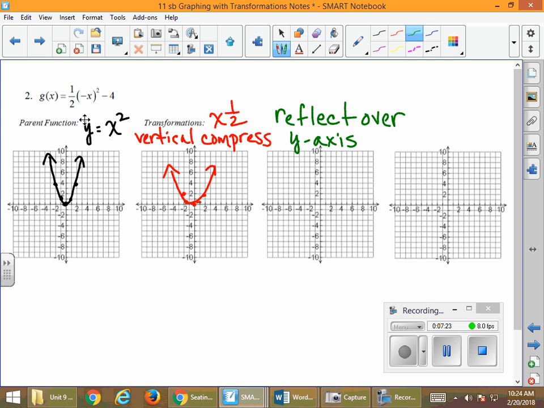Remember, with reflecting over the y-axis, sometimes you can't see that change, but we'll start with 0, 0. And then we're going to go one space to the right and 1/2 up, but we're going to reflect it over, so it's really going to be one space to the left and 1/2 up.